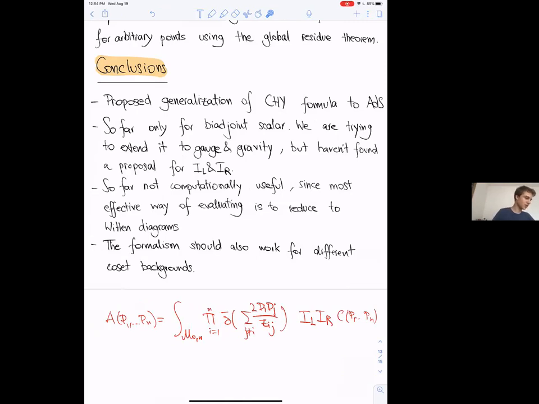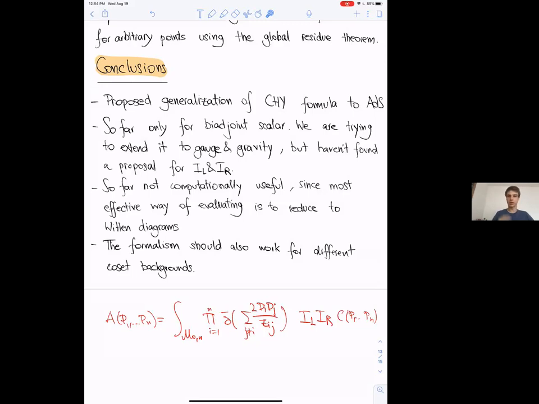And you might also argue, and I would agree, that this formula so far is not computationally useful. It might be useful for formal purposes to prove some properties of these correlators. But for evaluating these correlators, basically the only way I know is to do this contour deformation argument that reduces the correlator back to the Witten diagram.